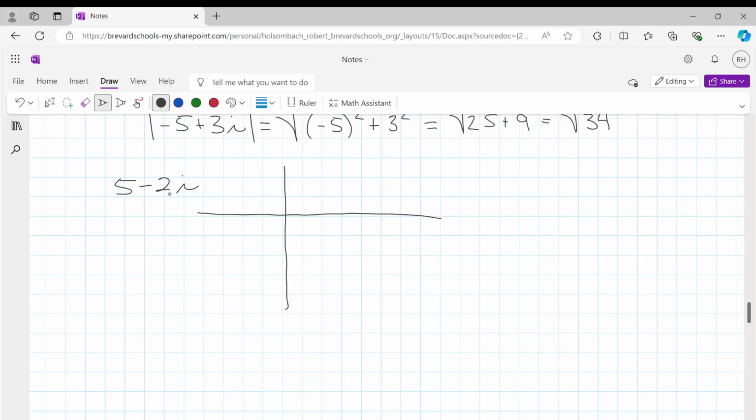The 5 is the real part, so we go out to 1, 2, 3, 4, 5 on the real portion. On the imaginary axis, we go to -2i. So that would be -1, -2i would be right here. So here's the point that corresponds to 5 minus 2i.